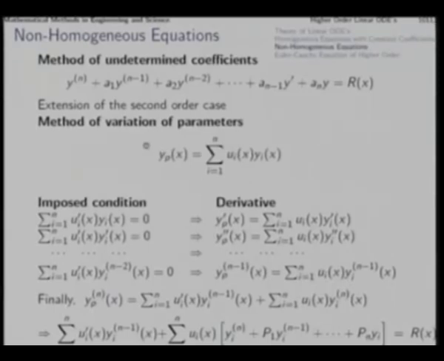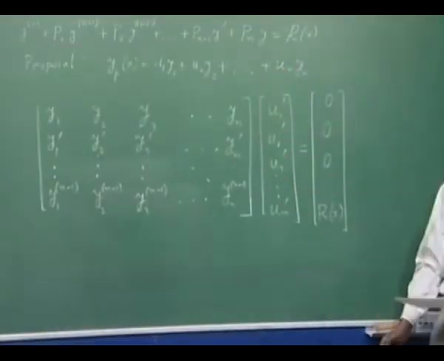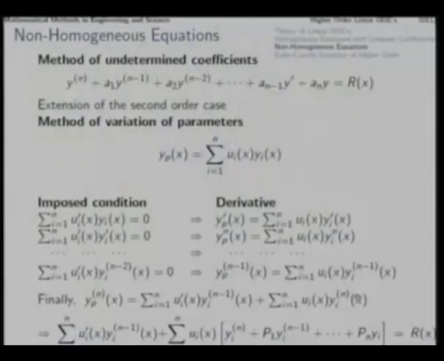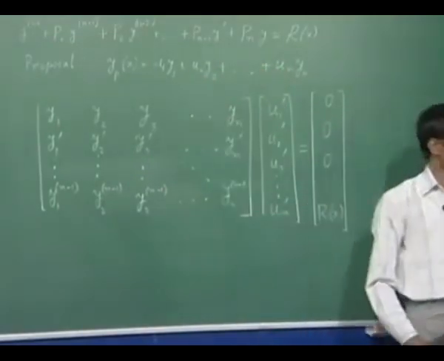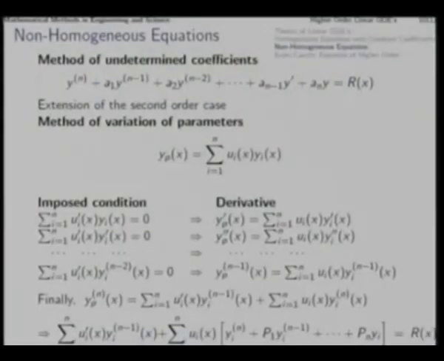So, when we put all of these expressions into the given differential equation, what do we do? We add to this last equation p1 times this, plus p2 times the previous one, plus p3 times the still previous one and so on. Finally, p n minus 2 times this plus p n minus 1 times this plus p n times this, that is from here. As we do that and collect the terms together, this term is here, u prime y n minus 1.